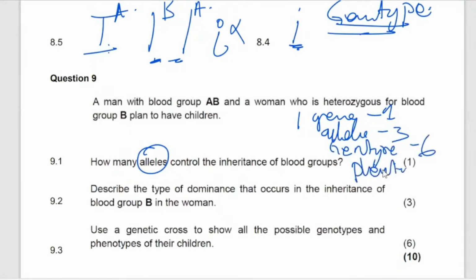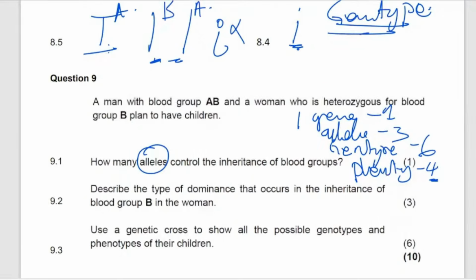Phenotypes, there are 4. Why am I using 4? You have A, B, AB, and O. Those are the 4 phenotypes. But genotypes, there are 6 because A can be homozygous or heterozygous.